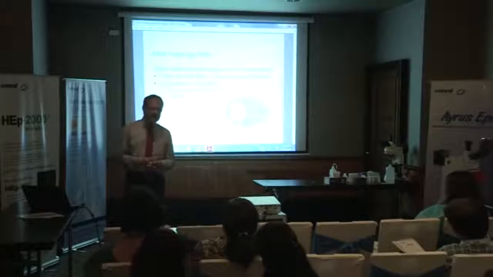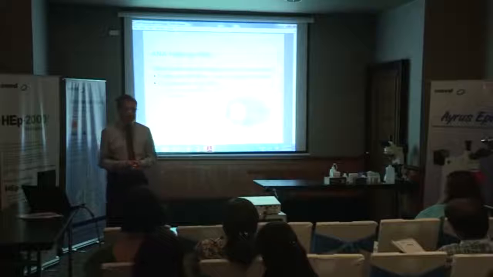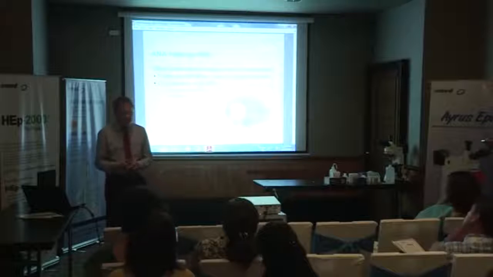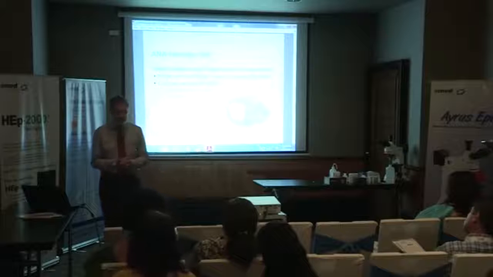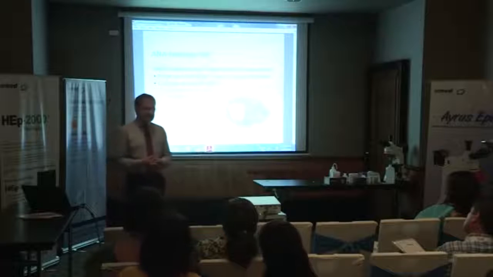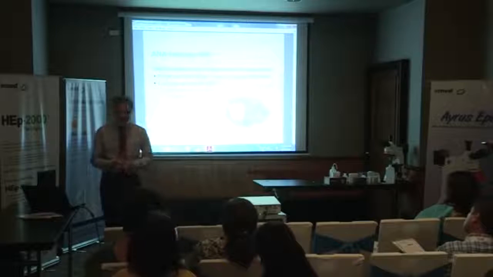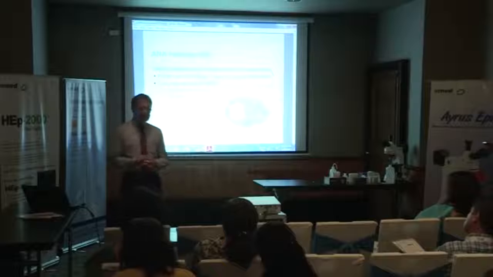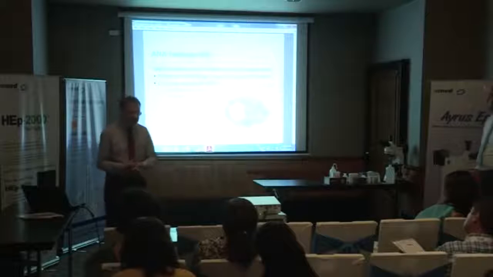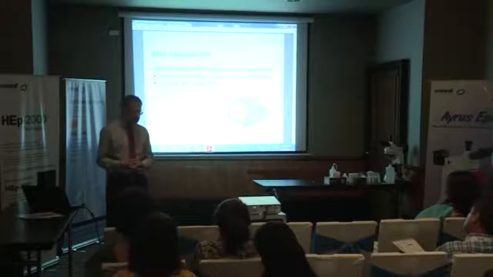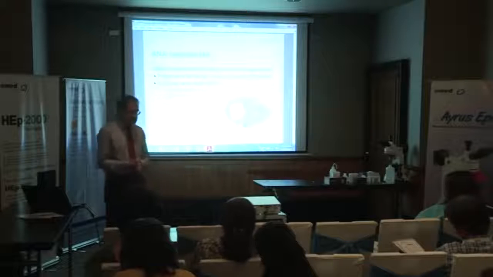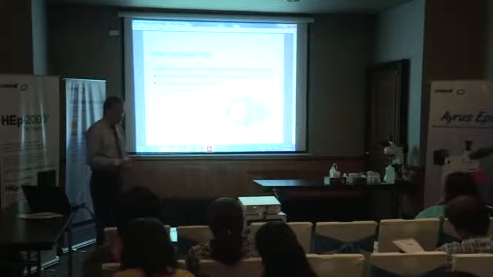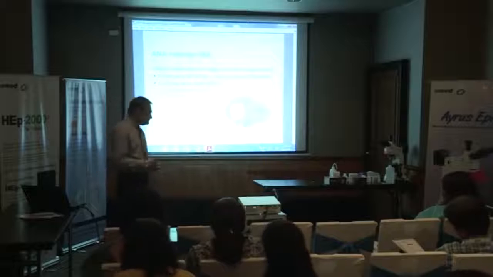The basic limitation of HEp-2 was that it used to fail to detect SSA antibody, and that has been overcome by HEp-2000, because HEp-2000 overexpresses SSA antigen, and because of that it can pick up those antibodies very well. Okay, so HEp-2000 at the moment is the gold standard, and it is recommended by even CLSI as well as CAP.